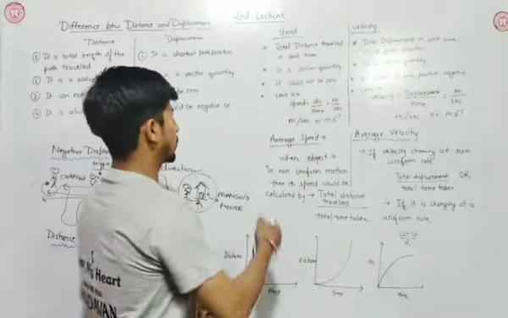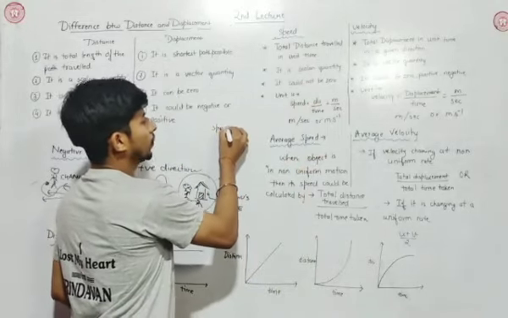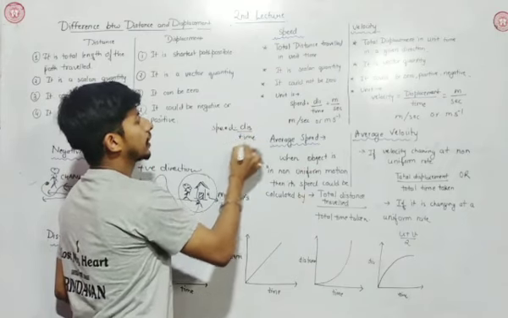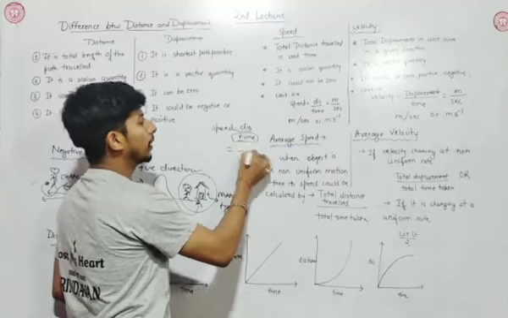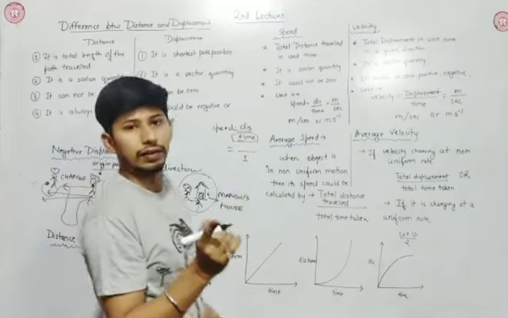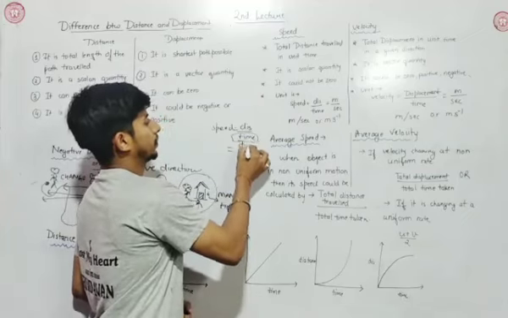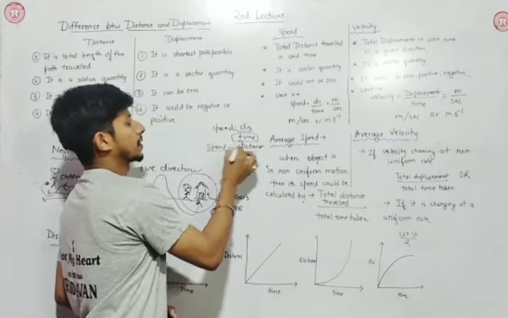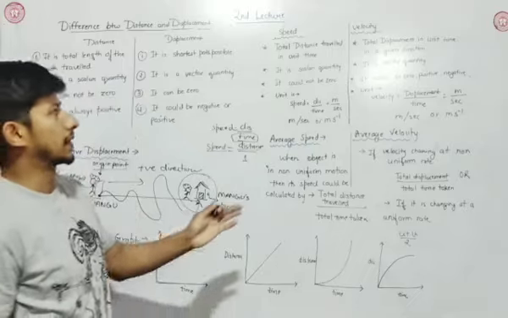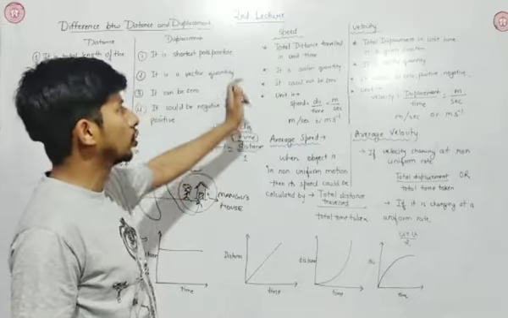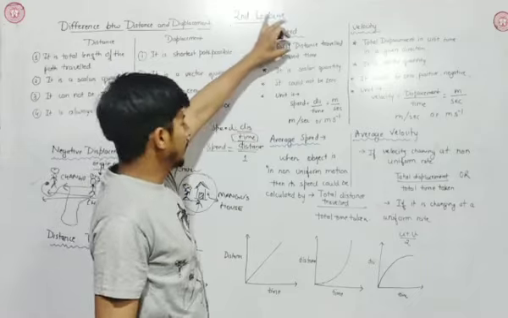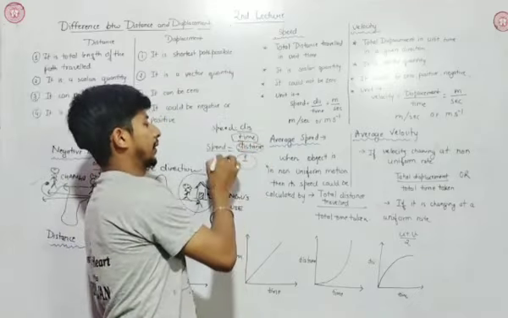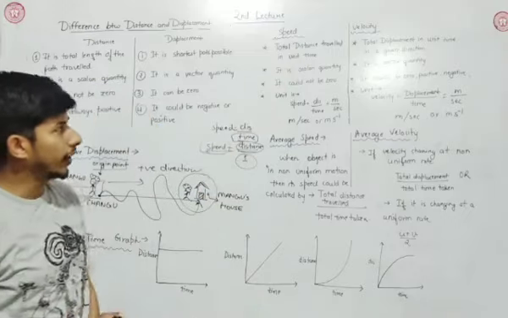The formula of speed is equal to distance upon time. If you take time as a unit, meaning 1, then speed is equal to distance. So from this I made its definition, that total distance traveled in unit time is called speed, okay.